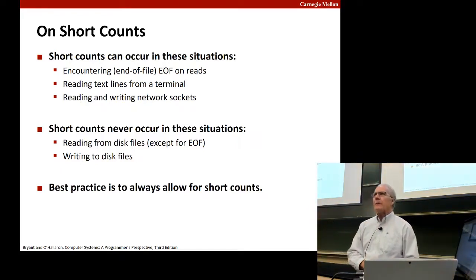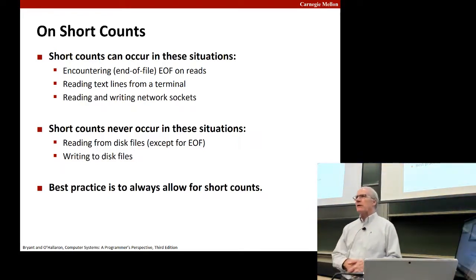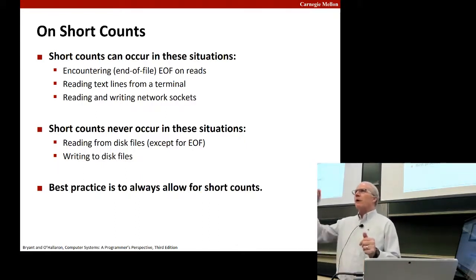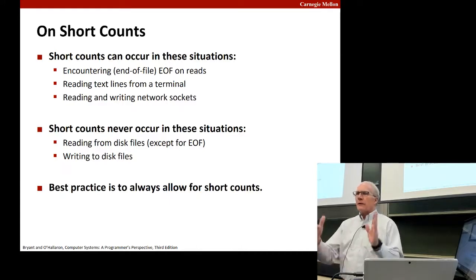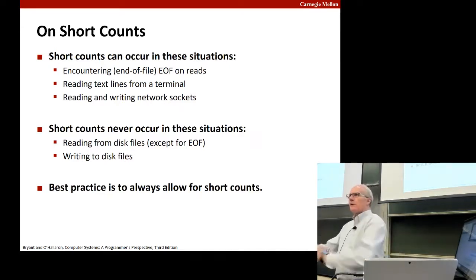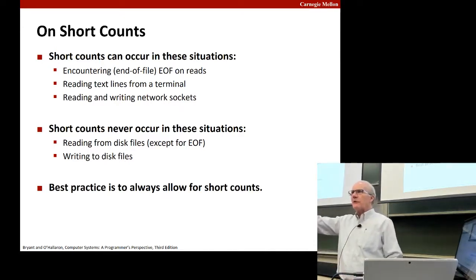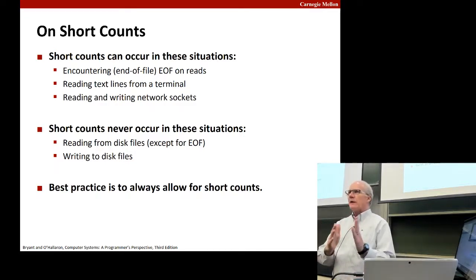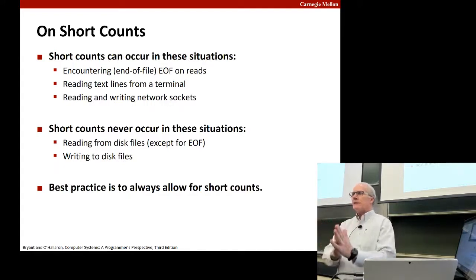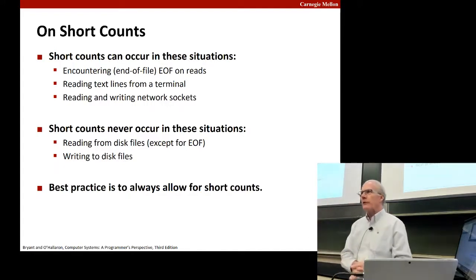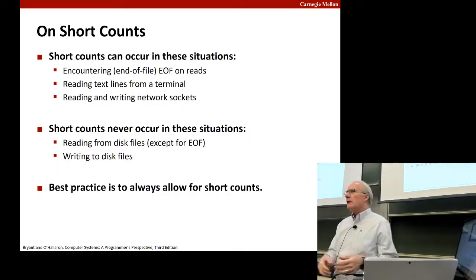And it also happens when you're using network sockets, both reading and writing. When you send a message over a network connection, that's split up into packets, little chunks of data that are then routed over the internet via a series of hops to the other place. And those chunks depend on the particular parts of the network that you're passing through, but it's typically no more than 1,500 bytes or so at a time.